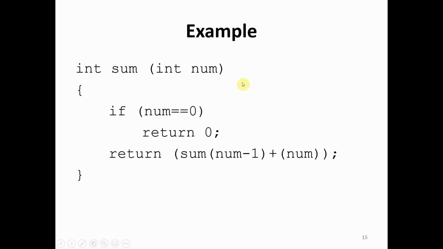It calculates sigma i, where i changes from 0 to num, right? And sigma i from 0 to num can be thought of as sigma i from i equal to 0 to num minus 1, plus num. That's exactly what's happening here.